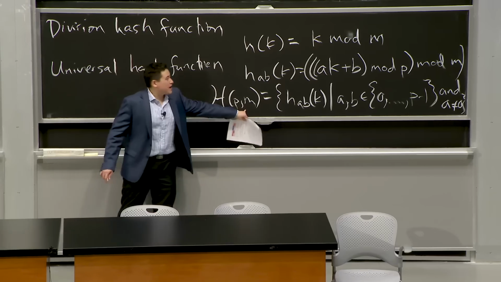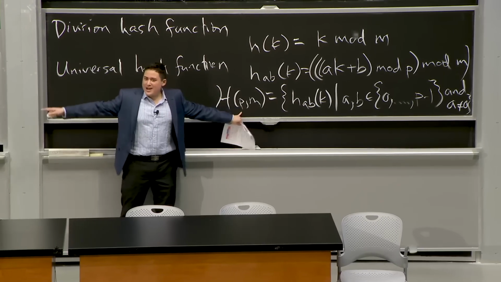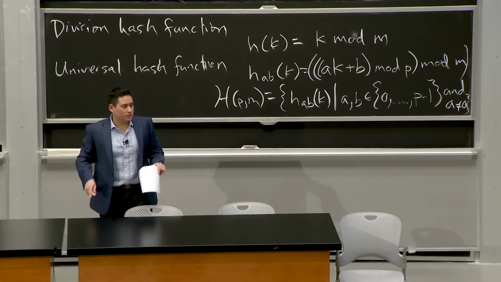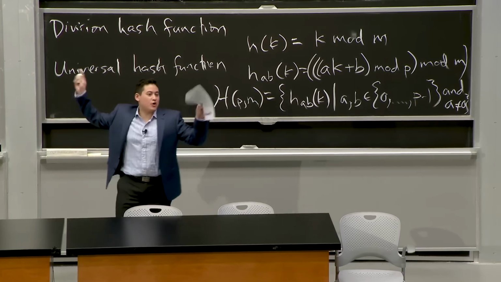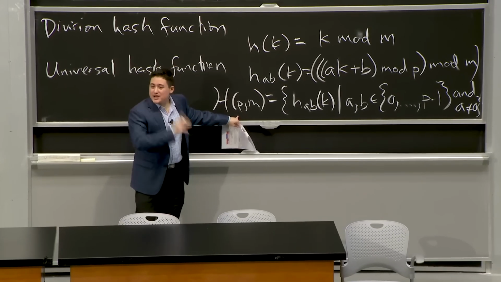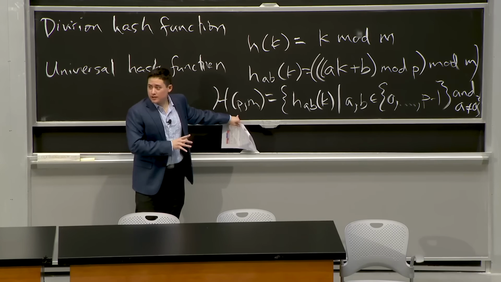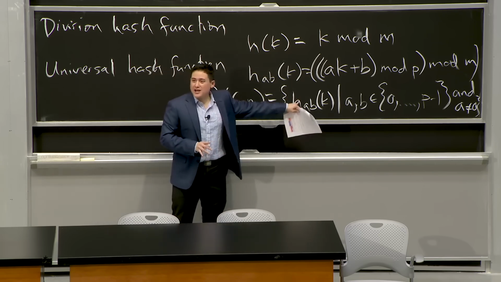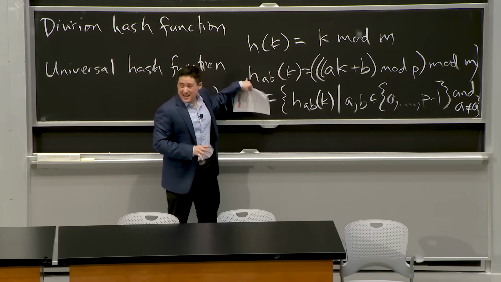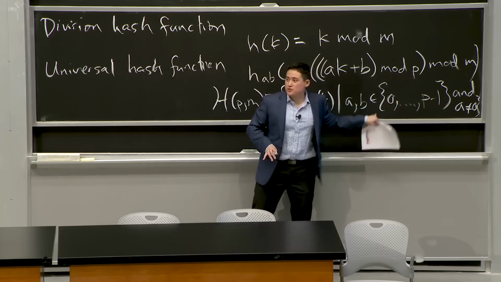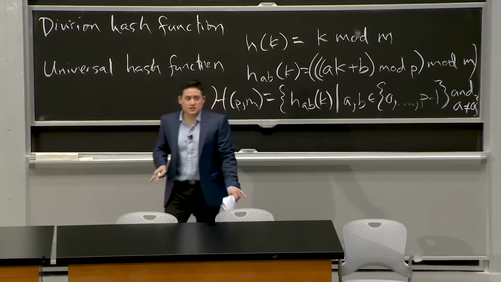It's parameterized by the length of my hash function and some fixed large random prime that's bigger than u. I'm going to pick some large prime number, okay? And that's going to be fixed when I make the hash table, okay? And then when I instantiate the hash table, I'm going to choose randomly one of these things by choosing a random A and a random B from this range. Does that make sense?